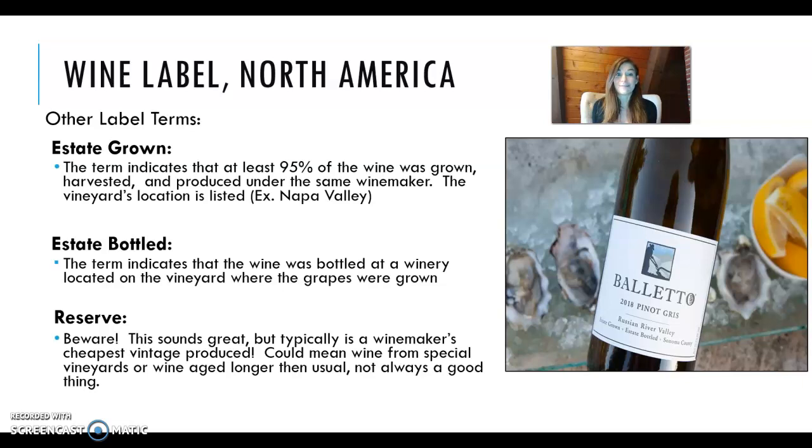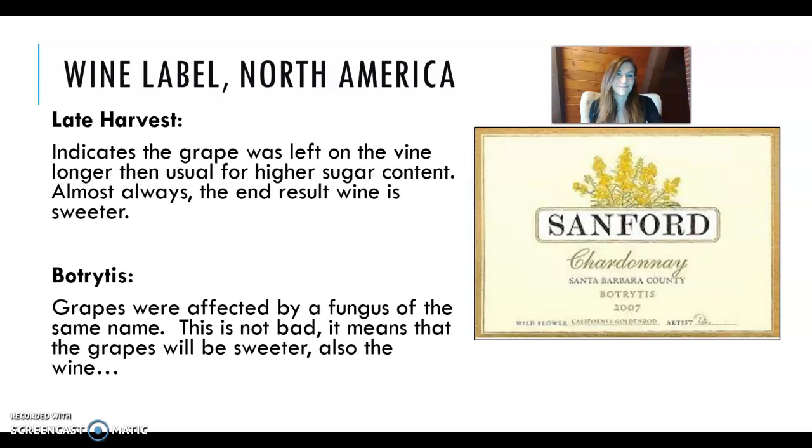This could mean that the wine didn't turn out as the winemaker had intended, so it maybe doesn't taste like previous vintages. So the winemaker might say, well, let's call this a reserve. So it's just something a little bit different. So when you see a bottle for $8.99 and it says reserve, I would be a little skeptical. It could mean something great. It could mean something a little bit different.